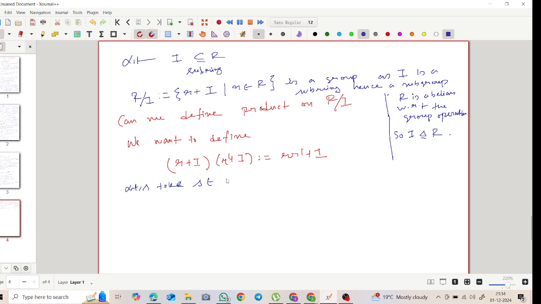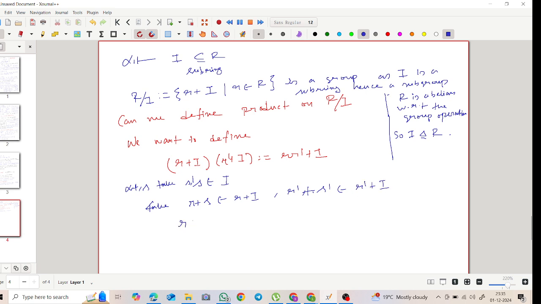Let's take s belongs to I, or maybe s prime belongs to I. So take r plus s belongs to r plus I from this coset, and r prime plus s prime belongs to r prime plus I, this coset.